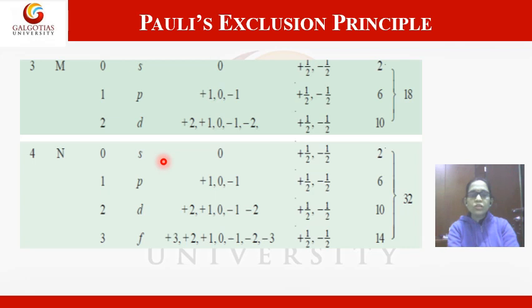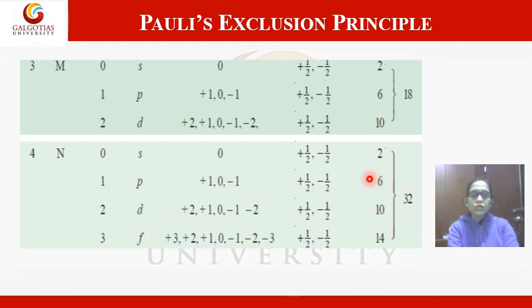That is, one 4s orbital, 3 p orbitals, 5 d orbitals, and 7 f orbitals. If we add them, the total is 16 orbitals. Each orbital can accommodate 2 electrons, so in total it contains 32 electrons.